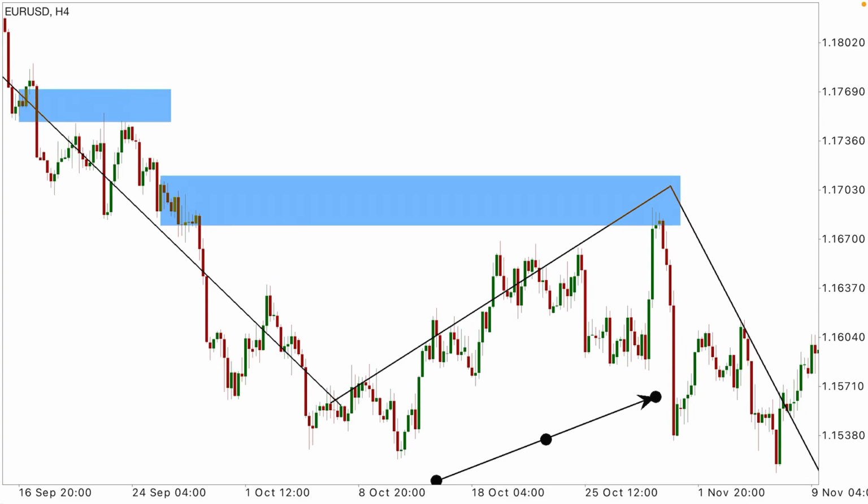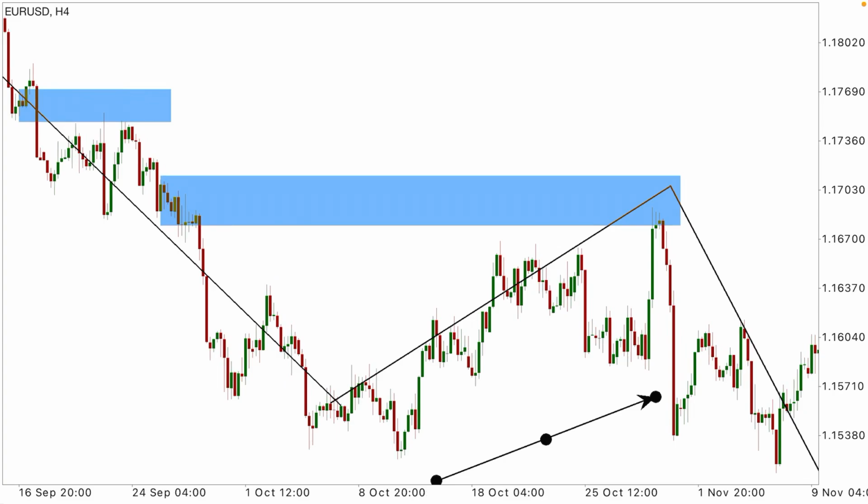Now, when you have identified the order flow on a higher time frame like D1 or H4, you step down to your lower time frame and look for unmitigated or untested demand and supply zones. Those are the higher probability demand and supply zones, the ones that have not been tested.